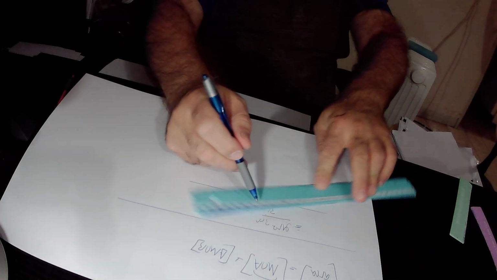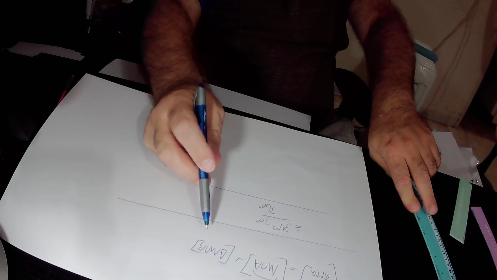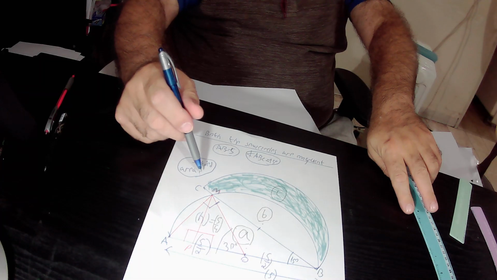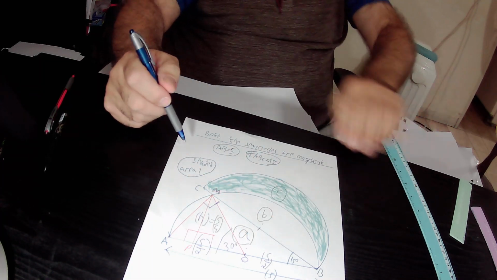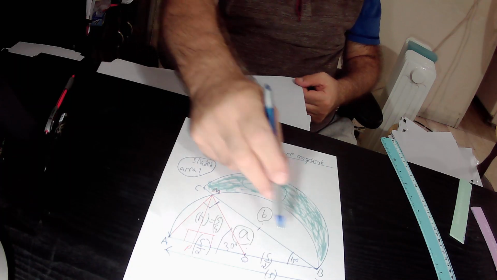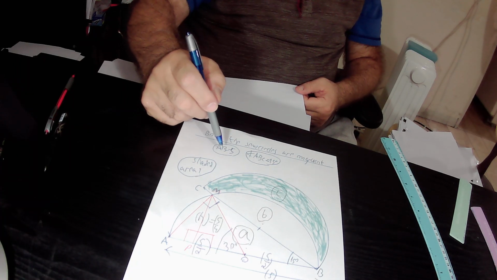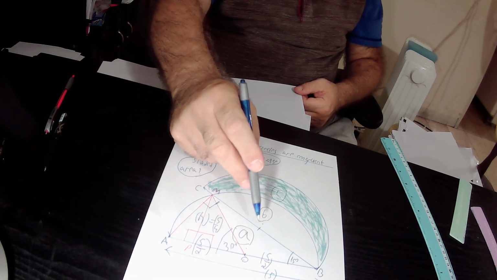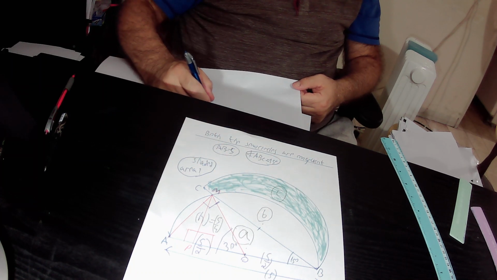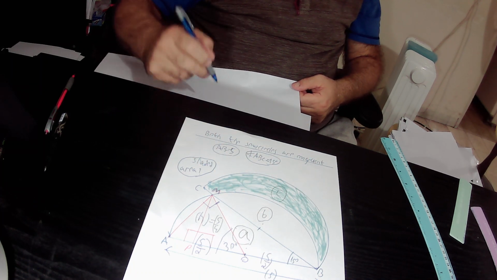And we have to add also the area of the triangle MOB. What is the area of this triangle MOB? We choose the base as OB. OB is the radius of this semicircle, equal to 2.5, times the height to the base.